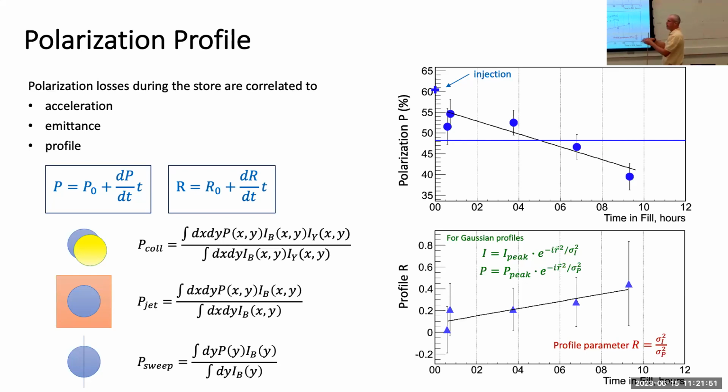So throughout the store, throughout our measurement, the bunch polarization profile actually increases. So at the start of the store, the bunch polarization is flat. At the end of the store, it's significantly peaking in the middle.